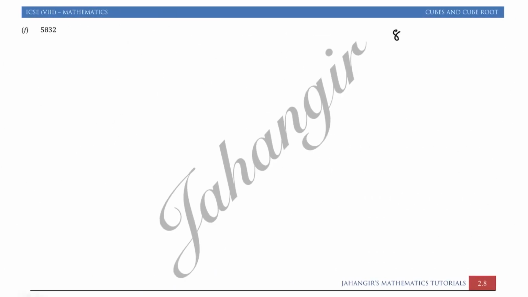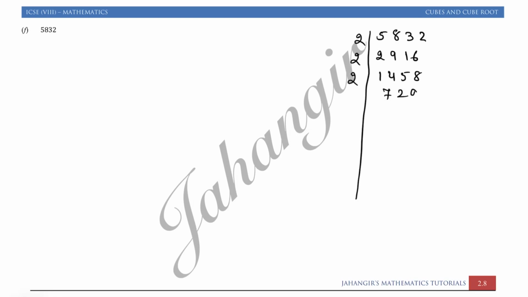Five 8 3 2 का प्राइम फैक्टर 5832. 2 2s are 4, 2 9s are 2 1s are 6, 2 1 4 5 8 2 7 29.